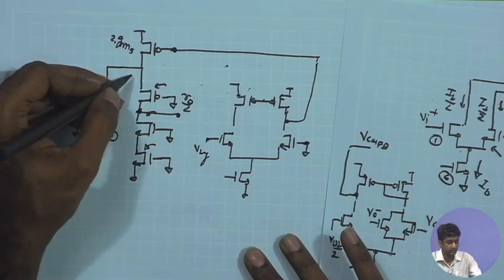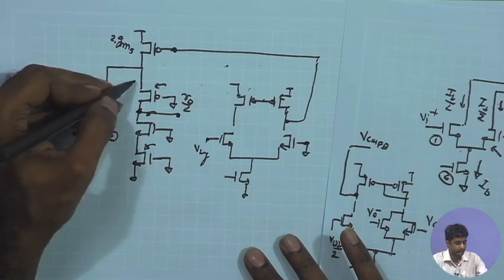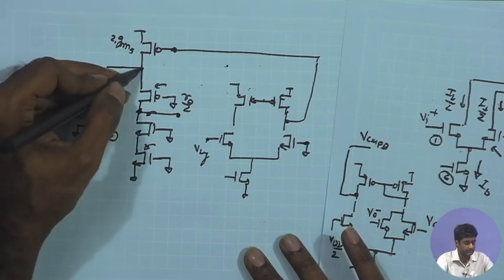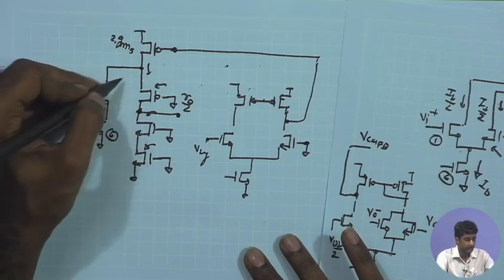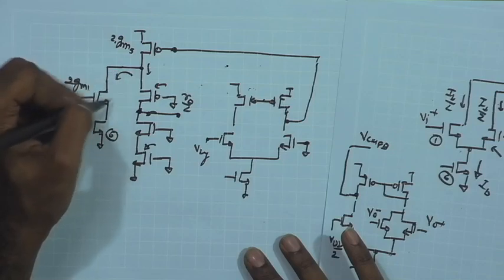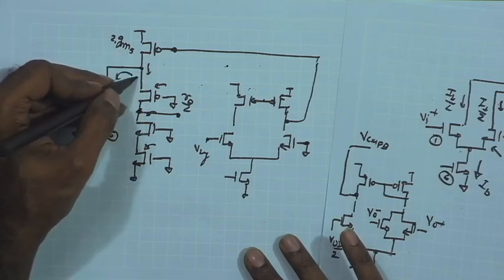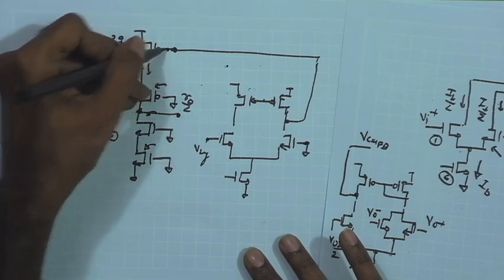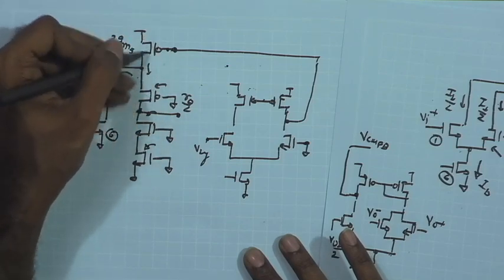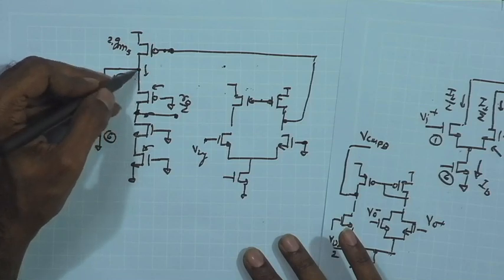The only factor, if you want to be accurate, is that if I look at the impedances at this particular point, you have a large impedance coming over here. So if I want to get the exact value of the gain, here you have a small signal current produced by this M5, which is going to get divided between this branch and this branch.